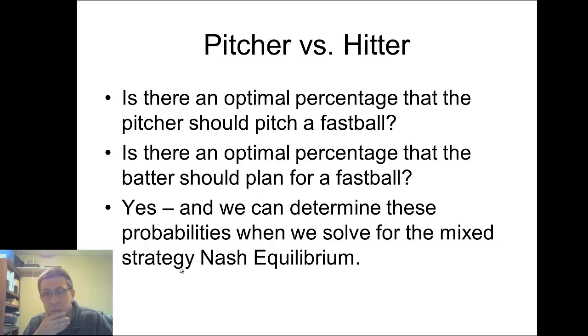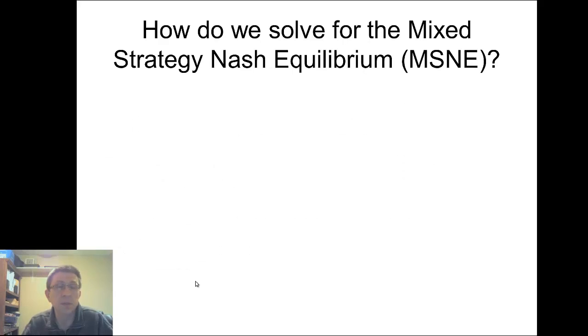What we spend a lot of time doing is finding out these percentages, and in doing so, we solve for the mixed strategy Nash equilibrium. A mixed strategy Nash equilibrium would say the pitcher is going to throw a fastball X% of the time and a curveball Y% of the time, while the hitter will plan for a fastball A% of the time and the curveball B% of the time.